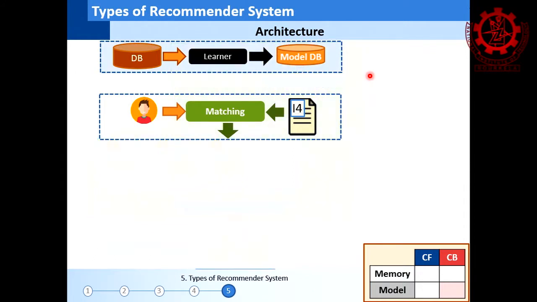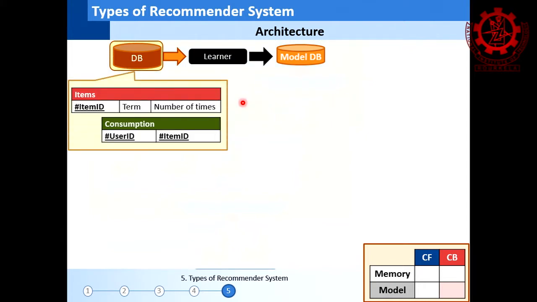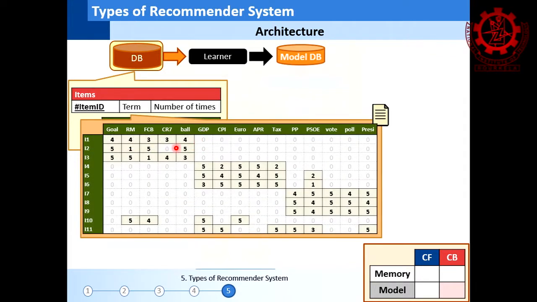And here we have, as previously, the items, in which we specify the number of times that each term has appeared in each item. And we have a table related to the consumption of the item, which is related to this matrix we have seen previously.